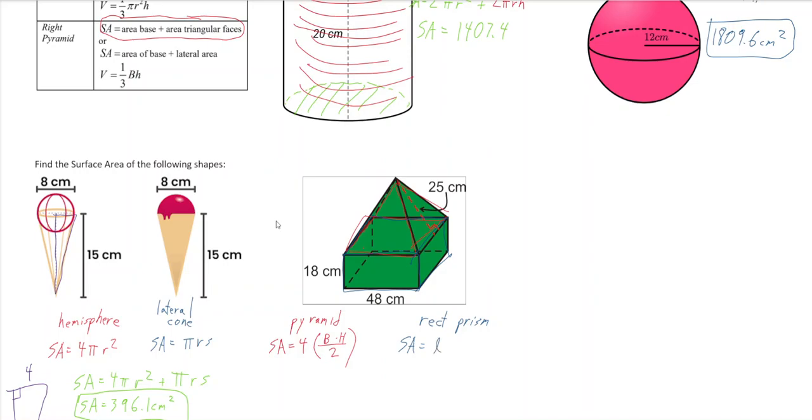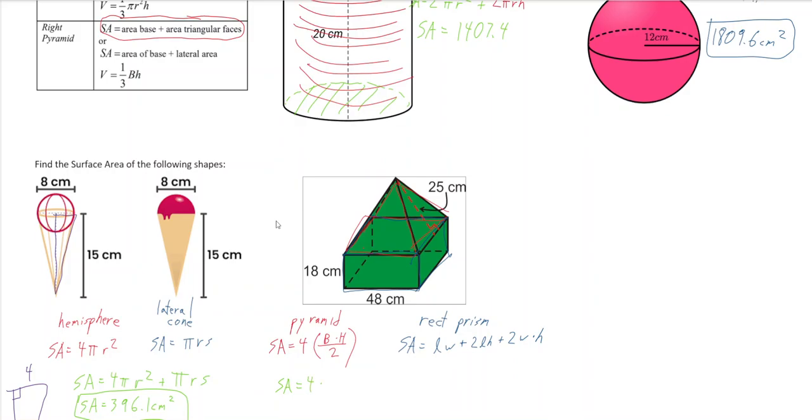So it's going to be length times width plus 2 times length times height plus 2 times width times height. So not doubling everything, just doubling most of everything. Okay, and then we're simply adding those values together.